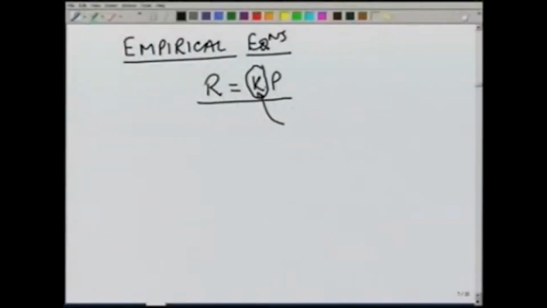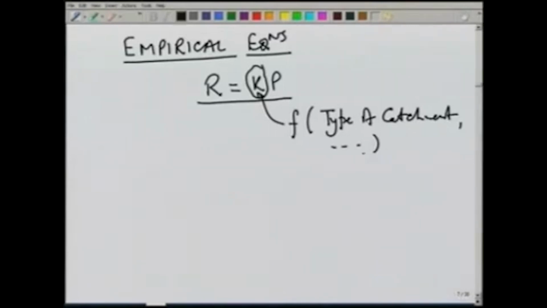We can say that its value will depend on the type of catchment area. So, the K typically is a function of type of catchment and some other parameters, and different investigators have related K with different parameters.